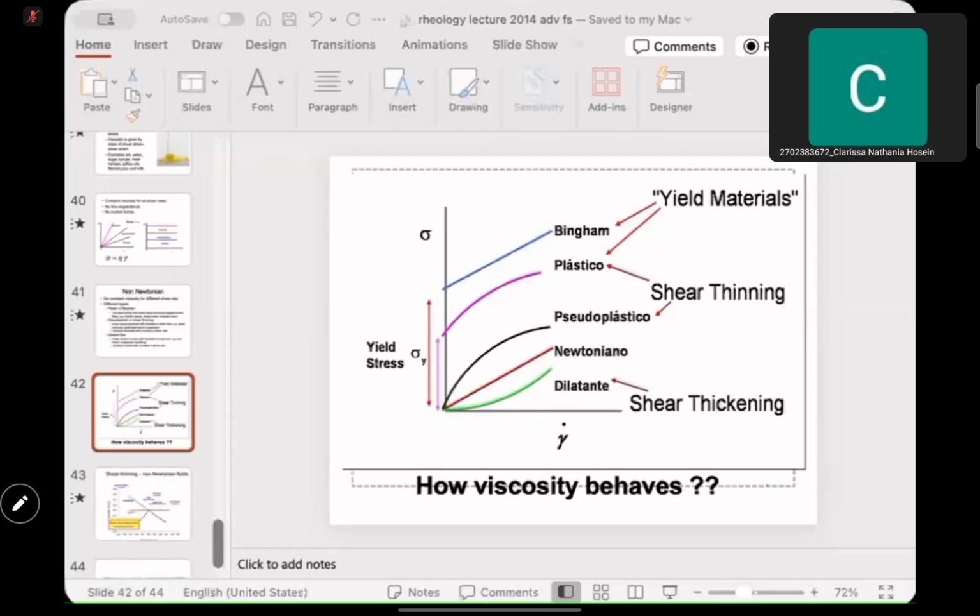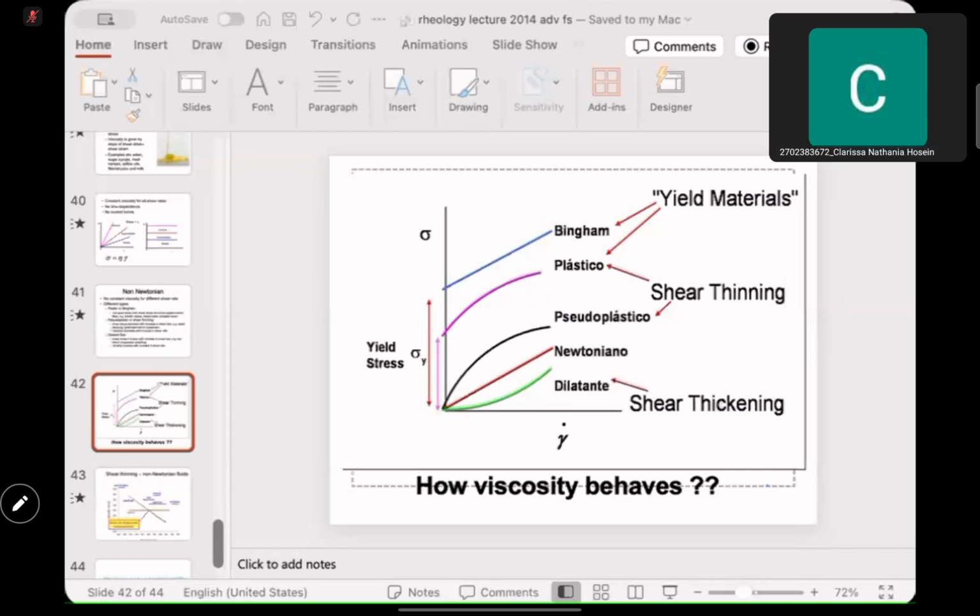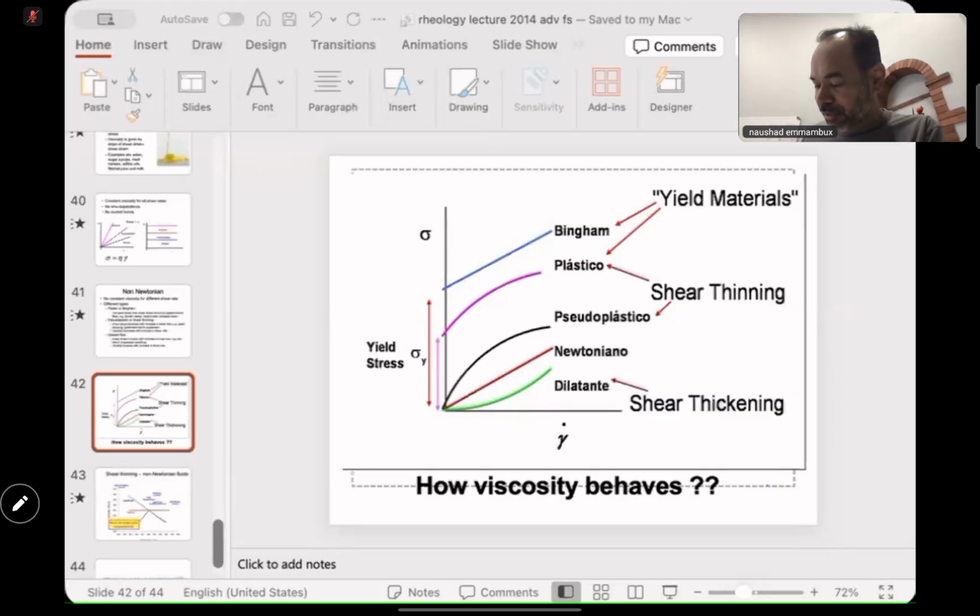The ingredient can determine whether something goes from shear thinning to sometimes even what's called a Bingham fluid. I don't know if I remember very well. The result depends on the rate of shear or the duration of shear.